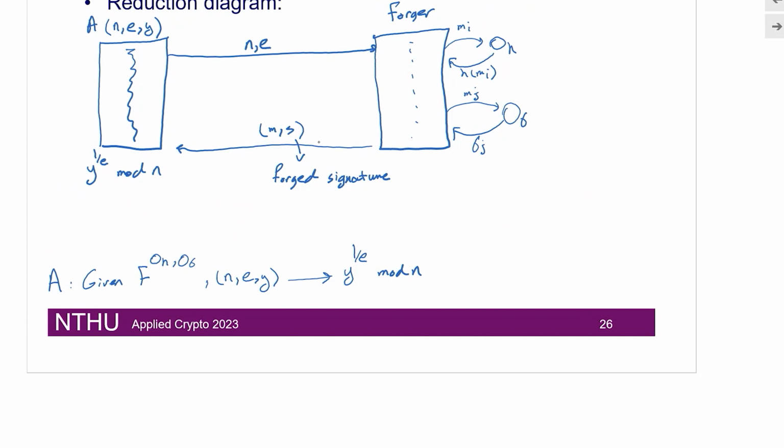So we are trying to convert A into a real algorithm without oracle, right? So when we want to turn it into the real algorithm, we also need to get rid of the oracles, right?